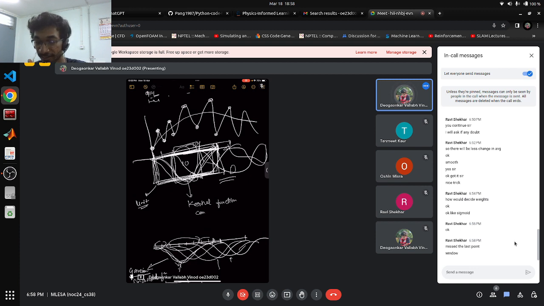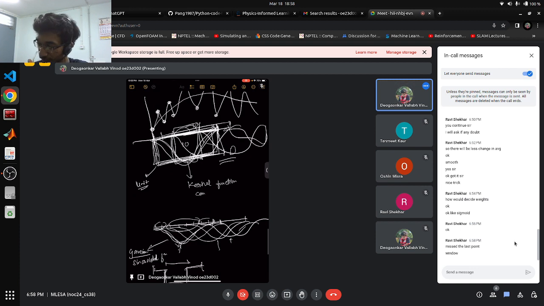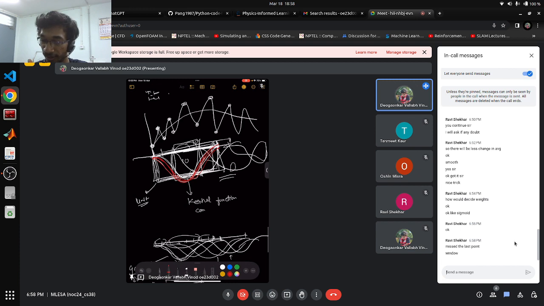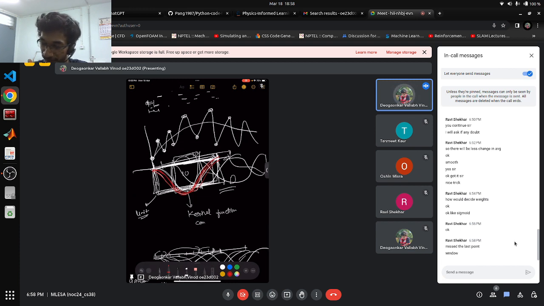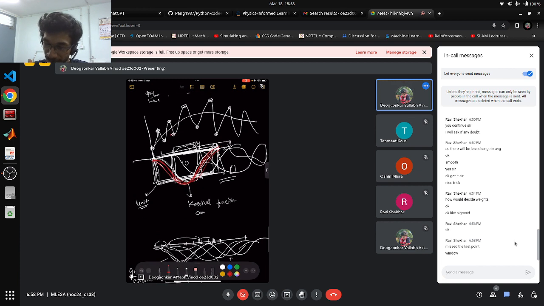If instead I had a function of this sort, these middle ones are going to get a bit higher weightage because these values are bigger.